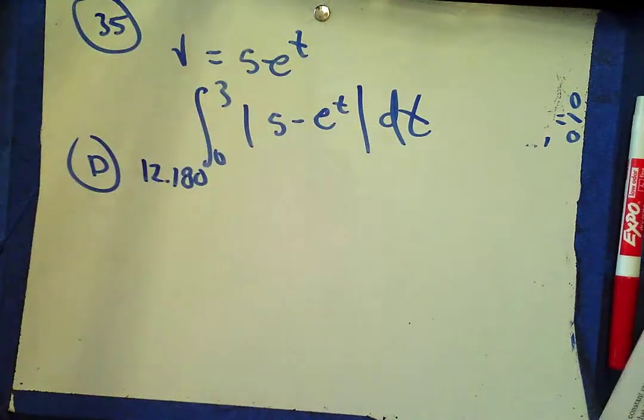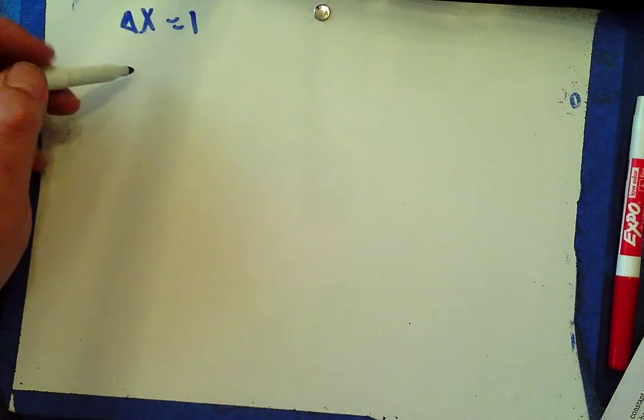And finally, number 40 on the side. Use trapezoid approximation with 3 equal subintervals. Oh, so my subinterval width is 1. That makes it really nice.